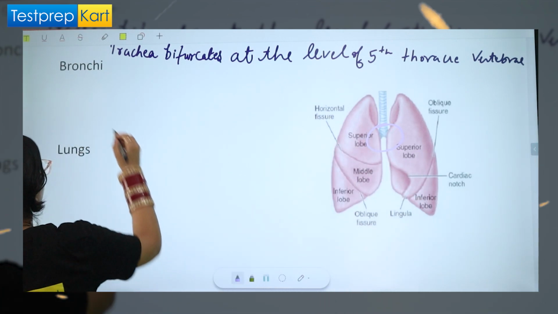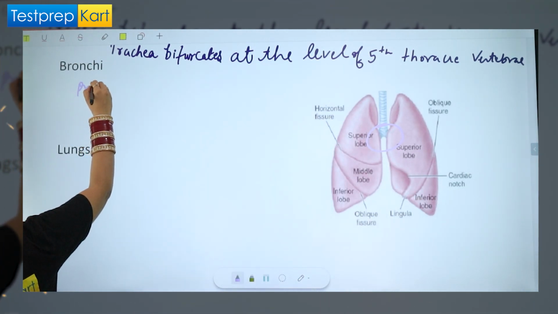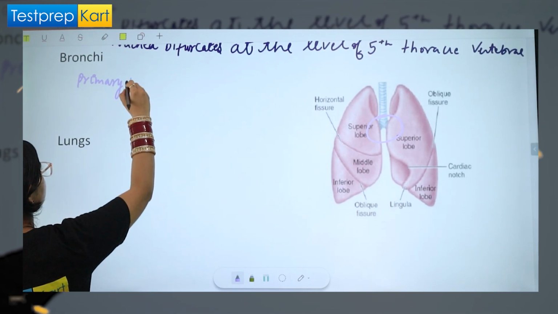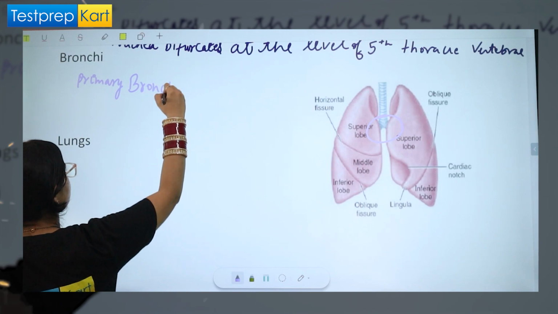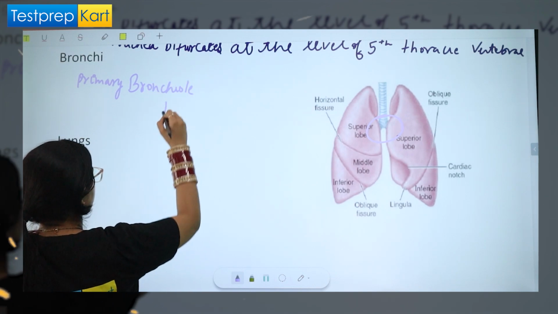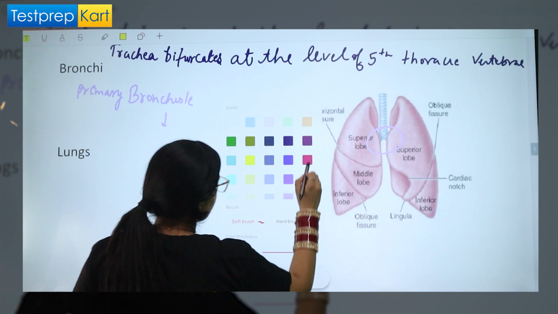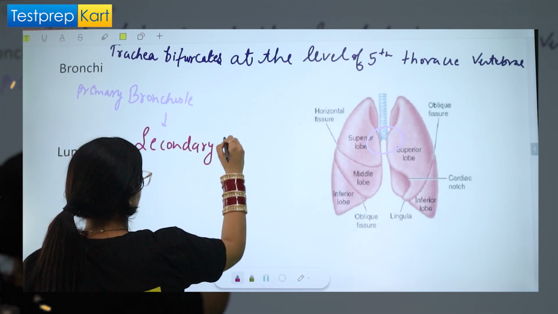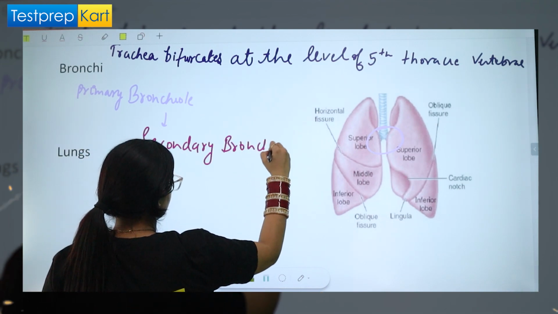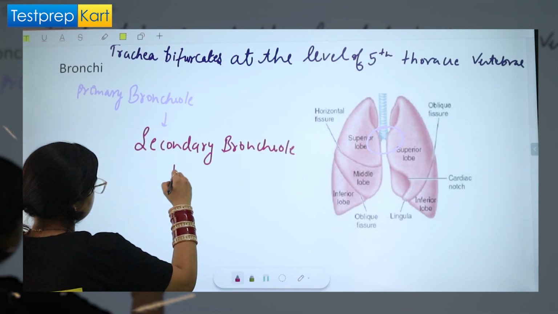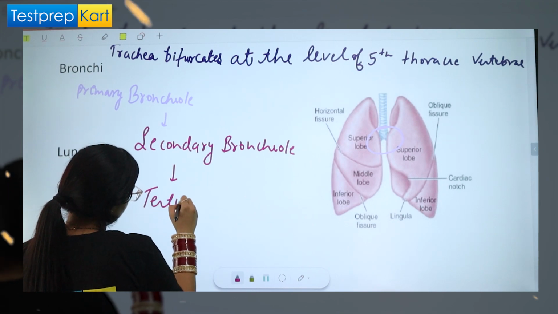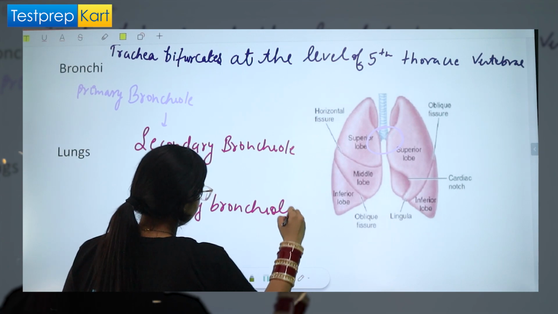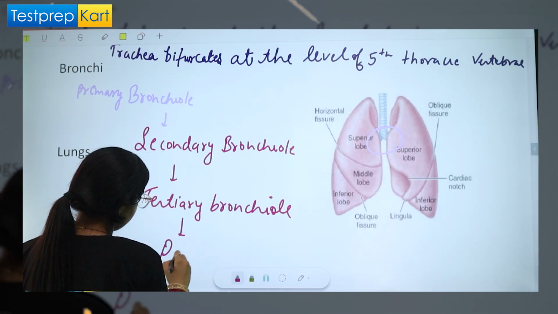The bronchi comprise primary bronchiole, secondary bronchiole, tertiary bronchiole, and it will terminate into the respiratory bronchiole.